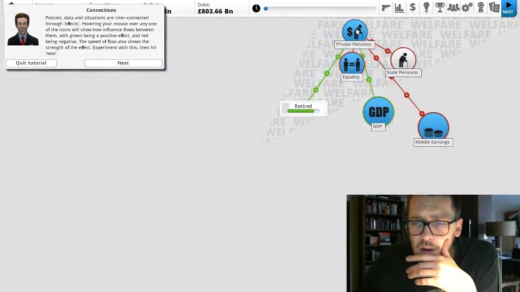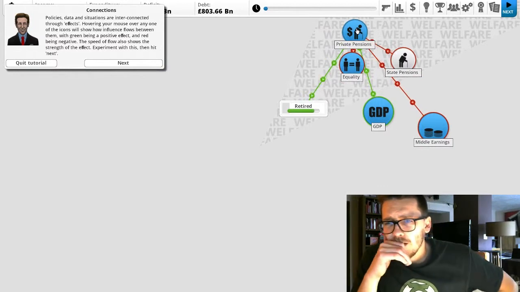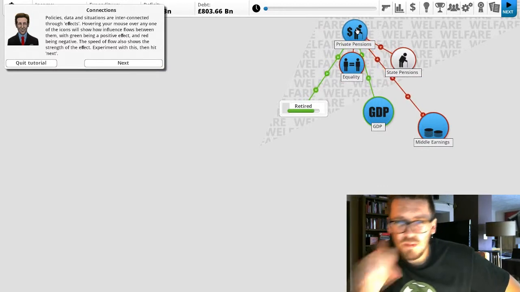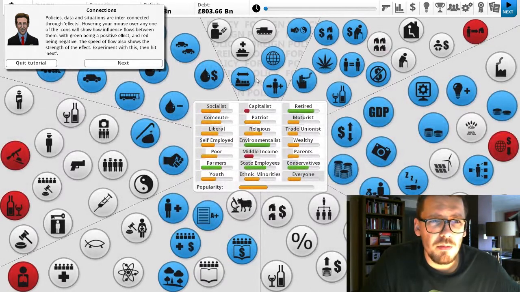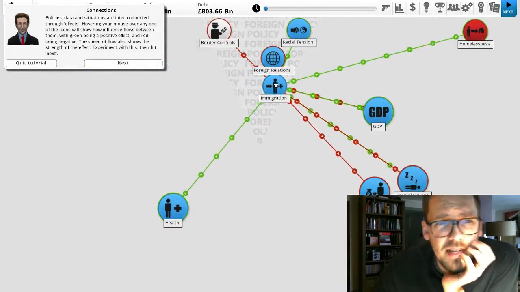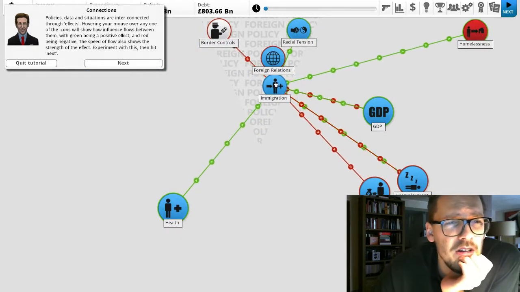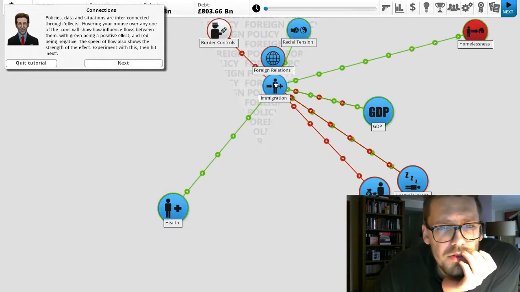Old people, private pensions, so I'm losing money. My god. Hovering your mouse over any of the icons will show how influence flows between them, with green being a positive effect and red being negative. The speed of flow also shows the strength of the effect.